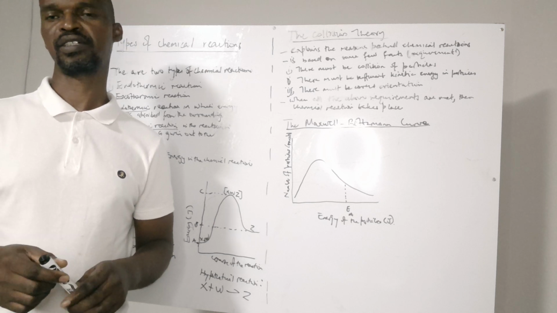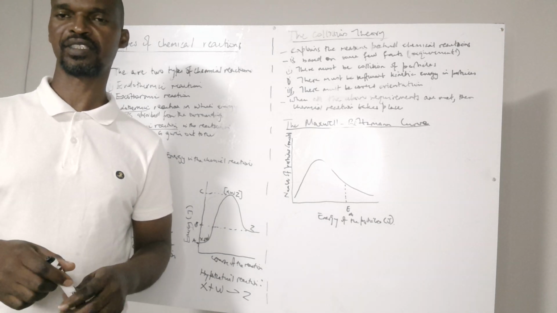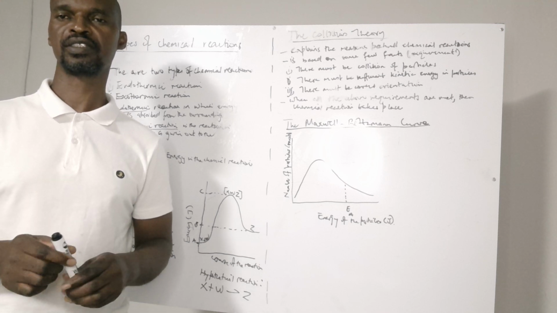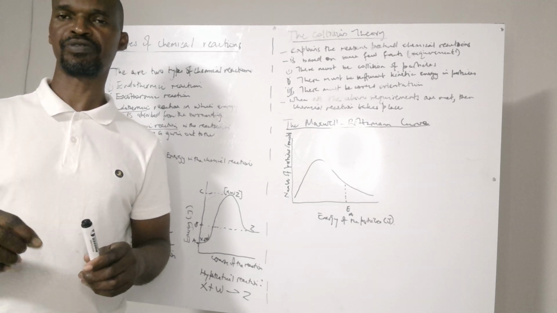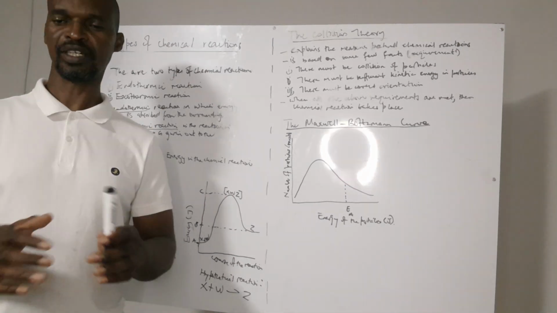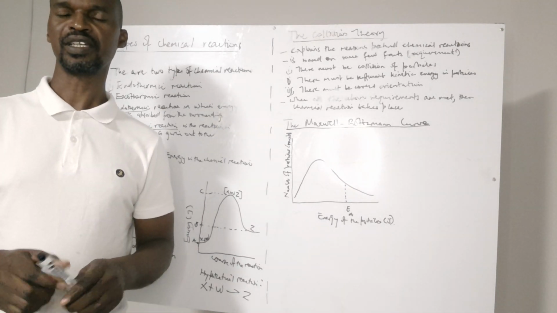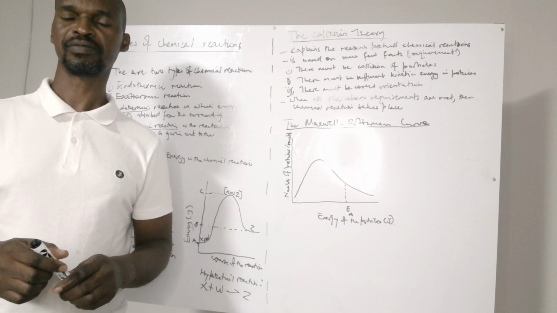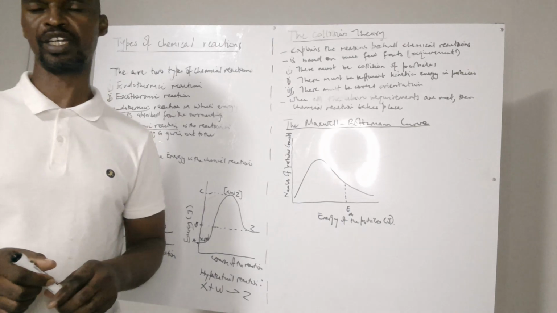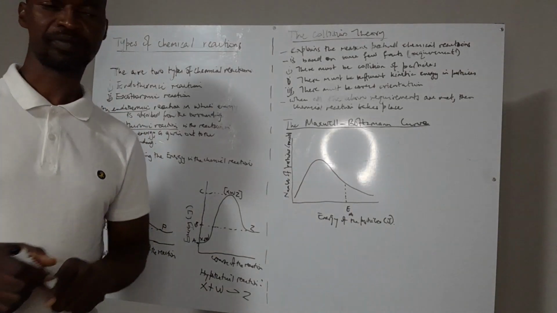You'll find that after you've stirred for some time, the temperature on your thermometer will be dropping, showing that the temperature of the surrounding, which is your container, is decreasing. That will also be a good example of an endothermic reaction.